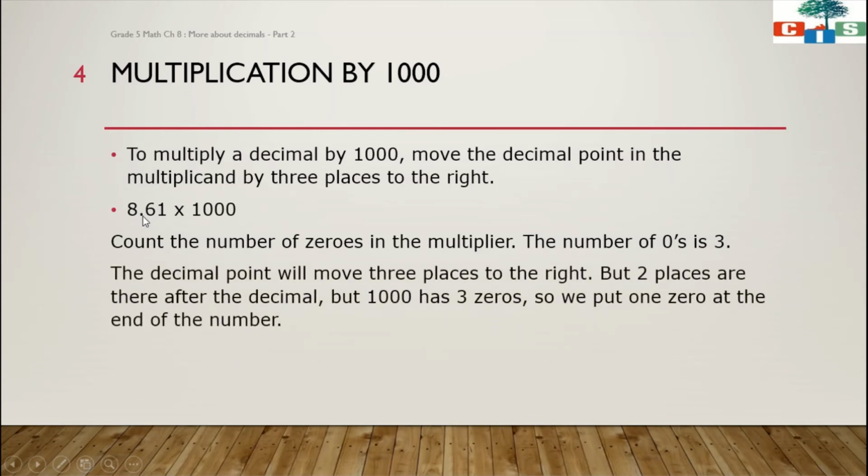It's very easy. We just put 0 at the end of the answer. We already have 2 digits, so we'll put 1 zero at the end. So our answer will be 8610.0. It's very easy. When we have fewer digits, we put 0 at the end of the answer.